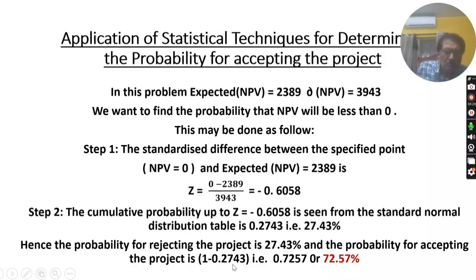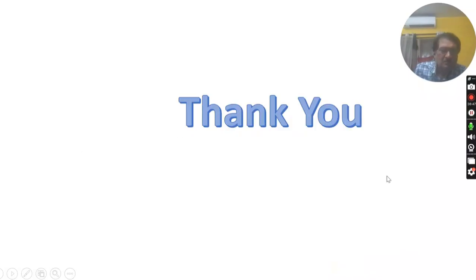It is 1 minus this, that is 0.7257 or 72.57%. You can accept the project for which the probability or chances is 72.57%. This is all about the Monte Carlo simulation application for determining the long-term investment decision proposal.